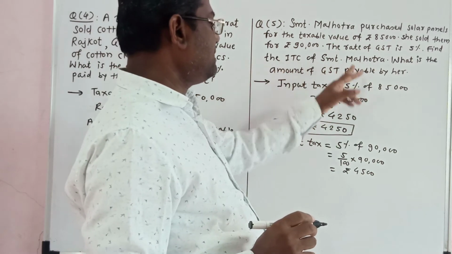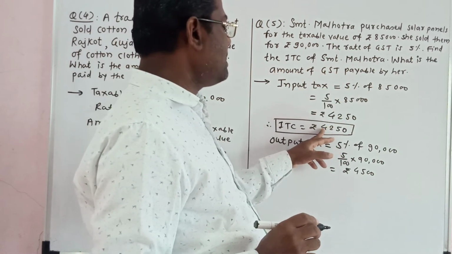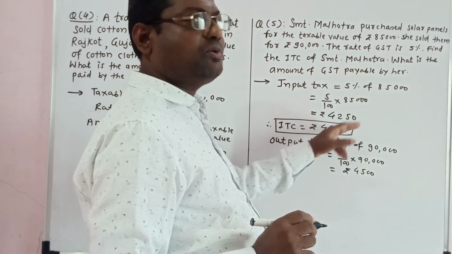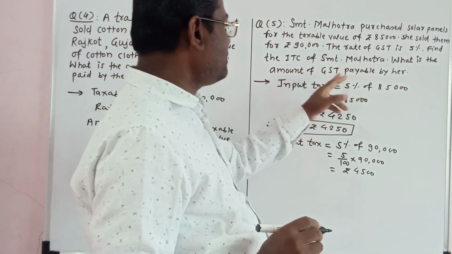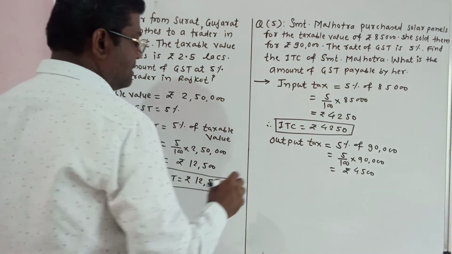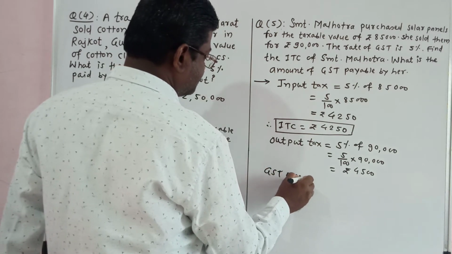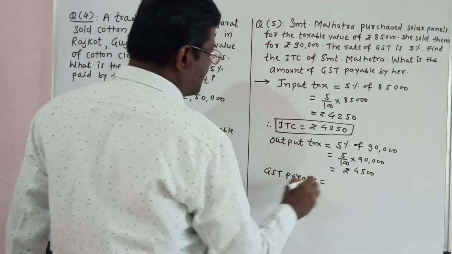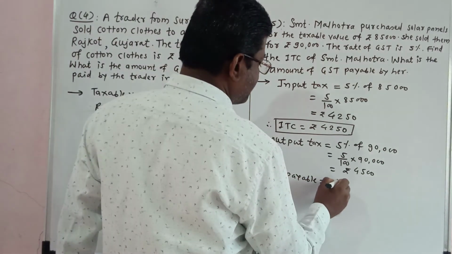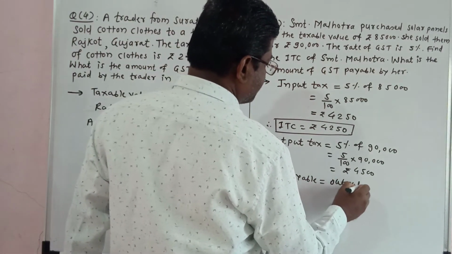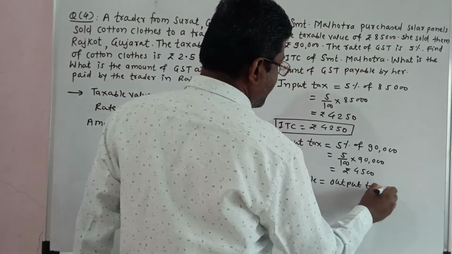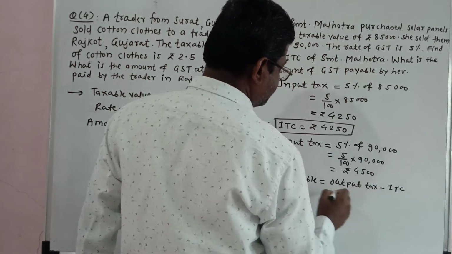Find the ITC. ITC is rupees 4,250. Now the amount of GST payable. GST payable is equal to output tax minus ITC.